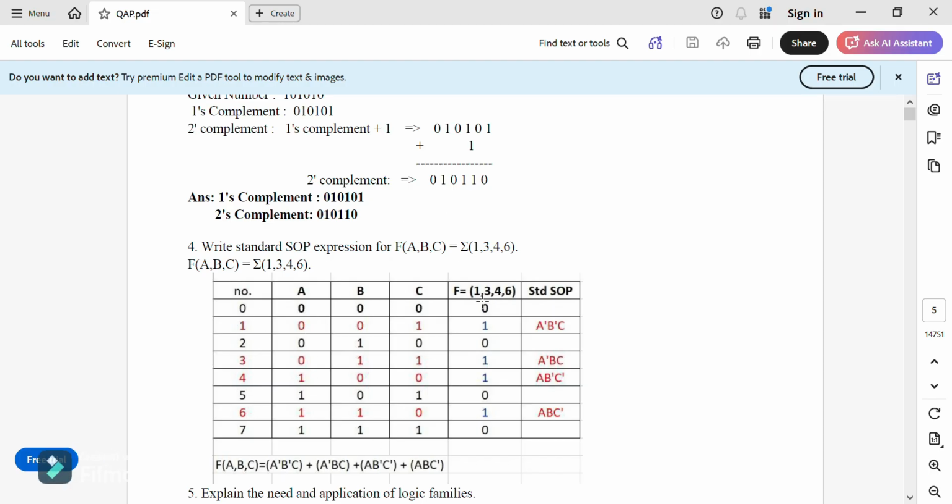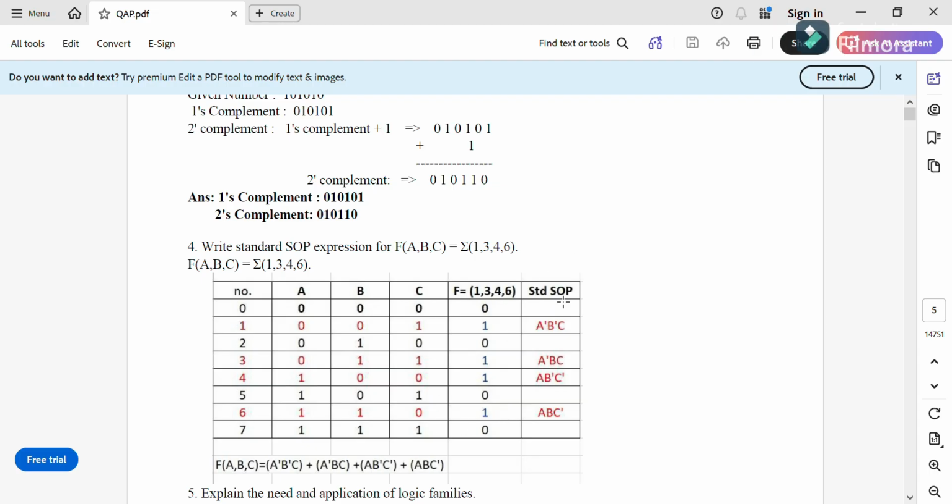And what about the output? As the summation is mentioned here, the output of these numbers will be 1. So wherever 1, 3, 4, 6 are there, that output will be 1. So here it is 1, I am writing the output here as 1. 3 is there, output is 1. Again 4, 1. 6, output is 1.